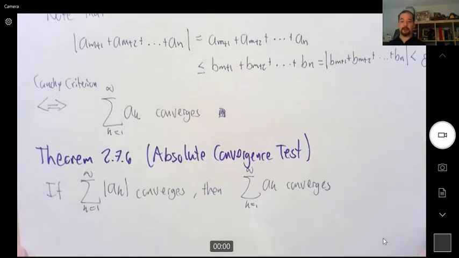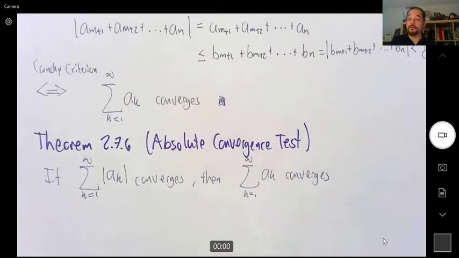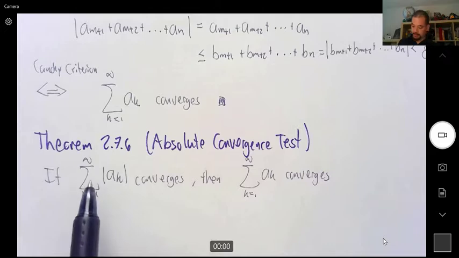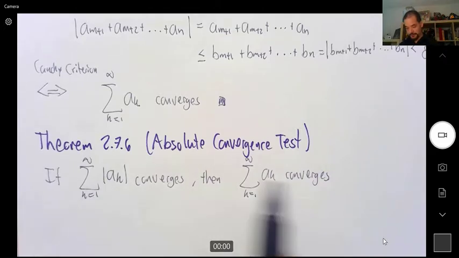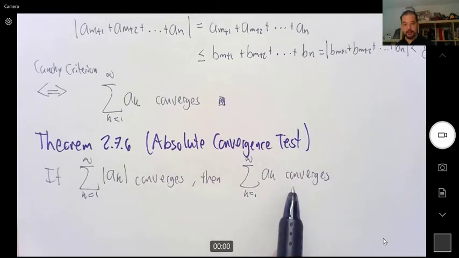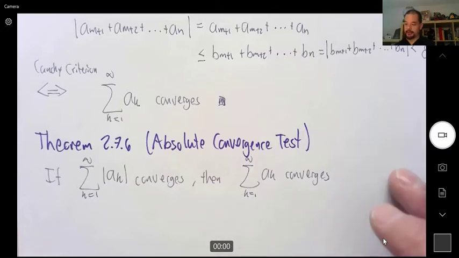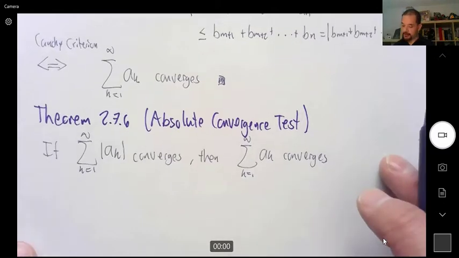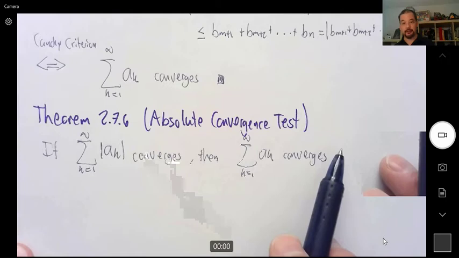So this is convenient, right? So the way we used it in calculus is if I gave you a series that you didn't know had positive and negative terms, you could always try it out with absolute value and see if you could make that be convergent. And if that one is convergent, then this one is convergent. All right. Now, the downside, the sad part of this test is that it doesn't work the other way, right?